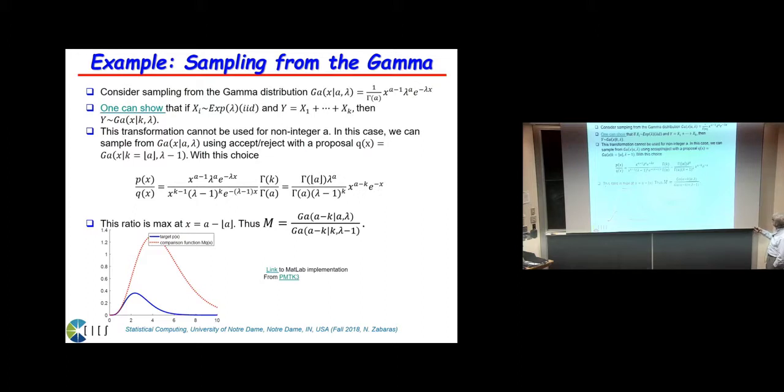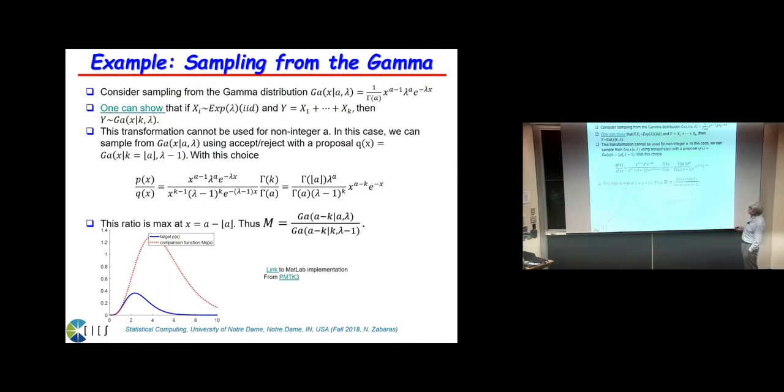And if you do the calculation, you take the ratio of pi over q, it comes out that the coefficient m is the ratio of two gamma distributions evaluated at the point alpha minus k, where again k is that integer part that you see there.